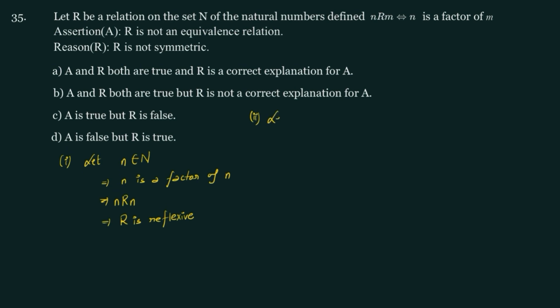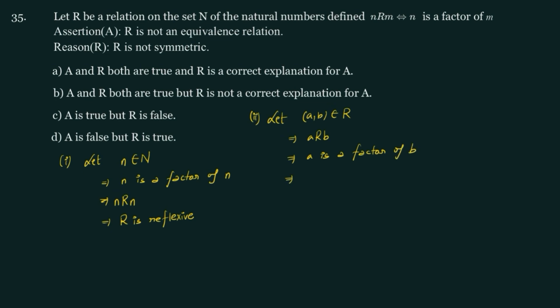For that, let us assume (a, b) belongs to the relation R, and if (a, b) belongs to R, then a is related to b, and if a is related to b, then a is a factor of b.